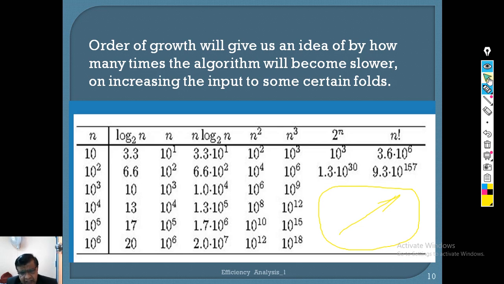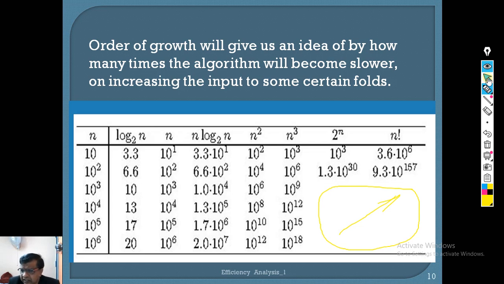Posterior analysis is after writing the program. Rather than checking the capability of problem solving, it is a check of the architecture of the system, and it depends on many extraneous factors that we need not consider. Therefore, it has always been time efficiency analysis.